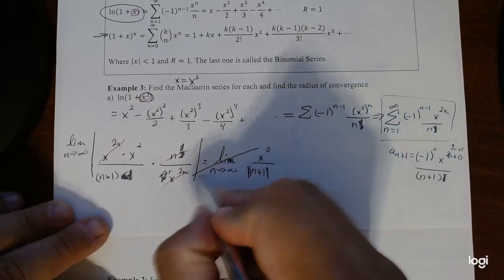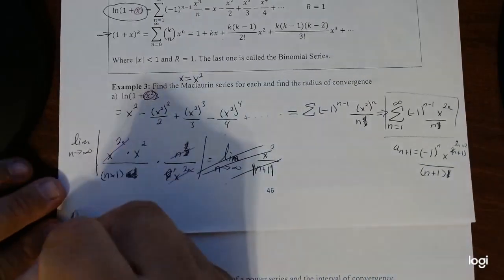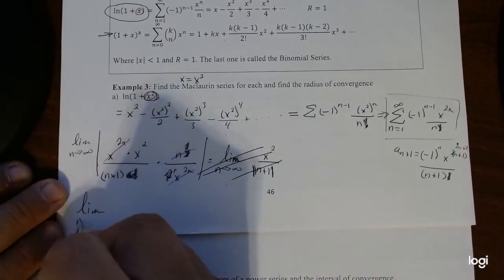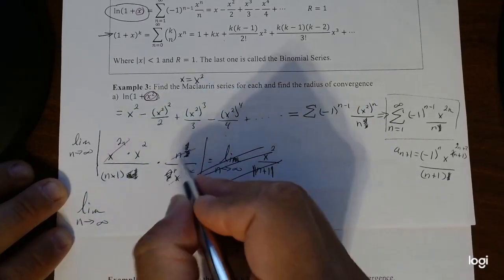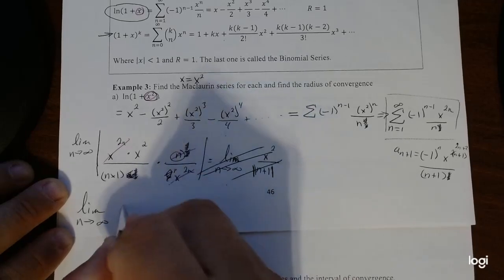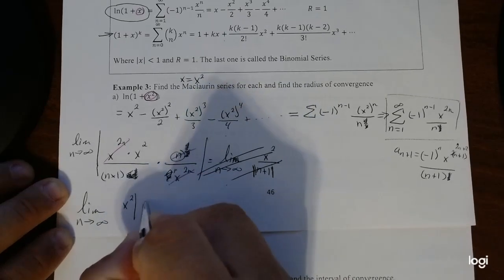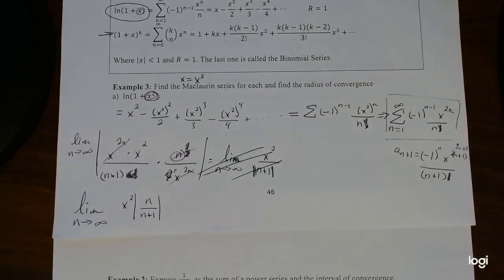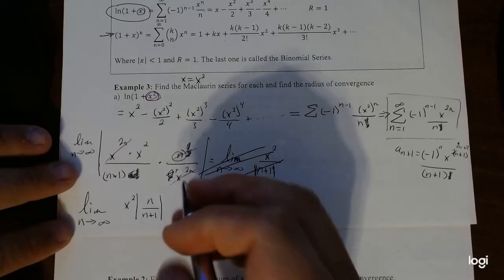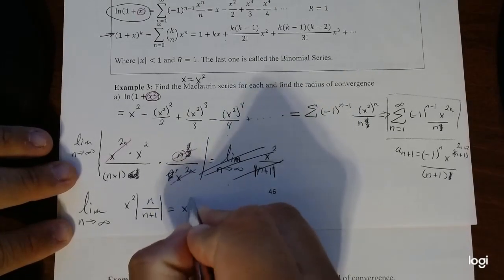So that's going to be the limit as n goes to infinity of, this is still there, so it'll be x squared on the outside and over n plus 1. There we go. That's what it should be looking like. Very, very sorry about that. And this goes to 1, so it is just x squared.